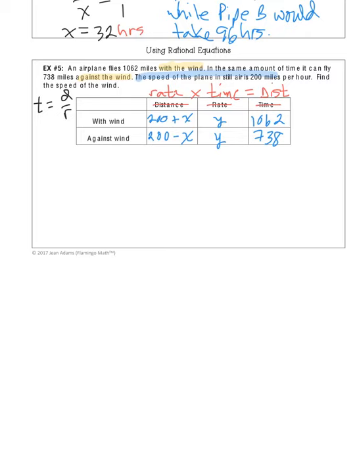And so for with the wind, I'm going to let y equal 1062 divided by 200 plus x. I'll squeeze that in there.